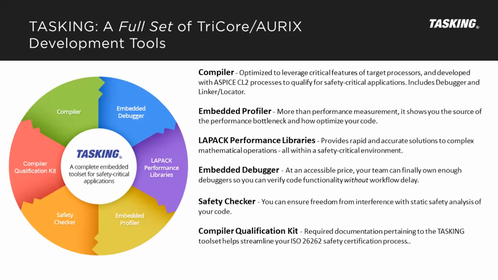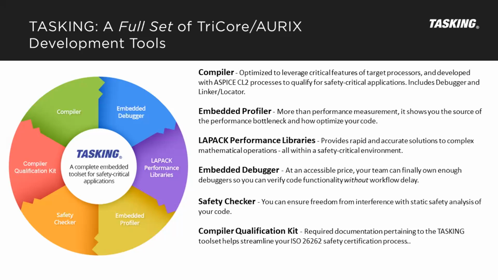For example, we also have a price competitive debugging solution for TriCore. And from the safety side, we have the safety checker, which is a static analysis tool that achieves the principle called freedom from interference. This concept is already mentioned in ISO 26262 with this exact text.